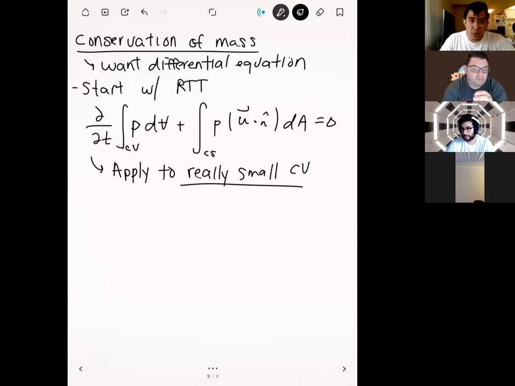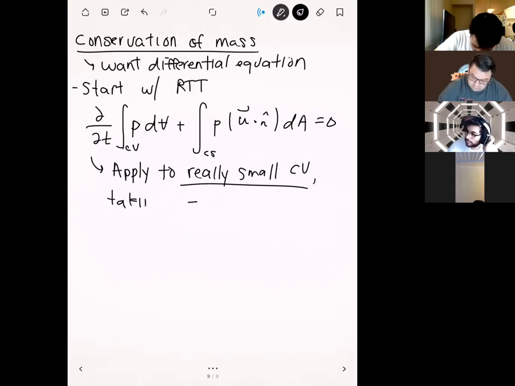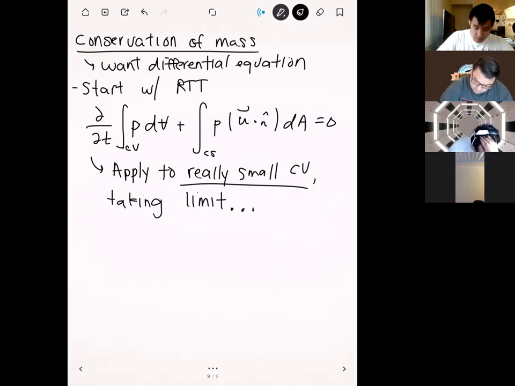Okay? And so, because we're doing something extremely small, we need to take the limit of this. If we take the limit, what we get is the following. Our first term, if we take a volume that's really, really small, we simply get the time derivative of the density.